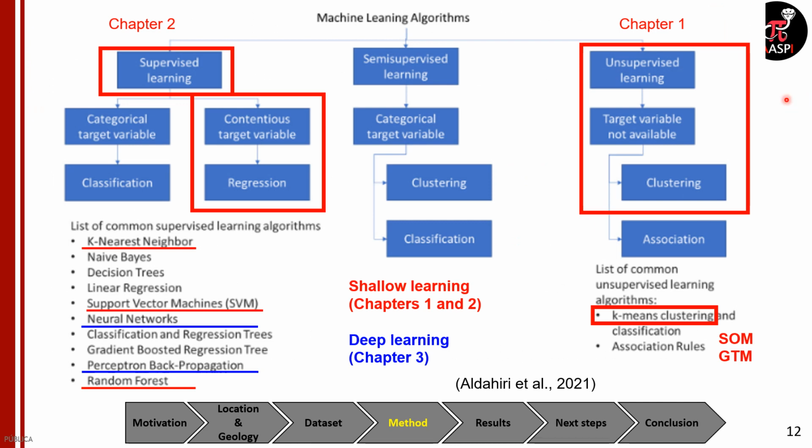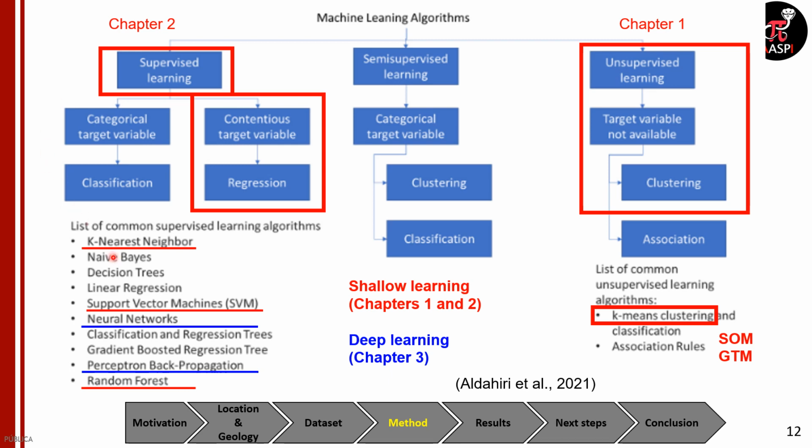So in my chapter one, I used mainly unsupervised learning. I used k-means clustering, self-organizing maps, and generative topographic maps to predict facies. In chapter two, I used classic supervised learning, supervised regression of reservoir properties related to the well test, mainly flow capacity and productivity index.